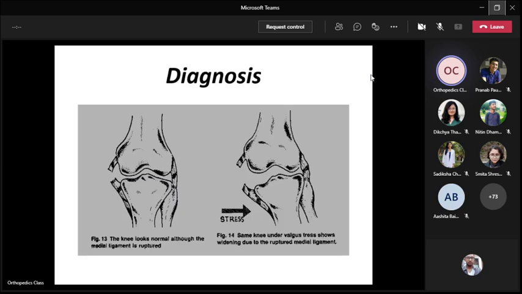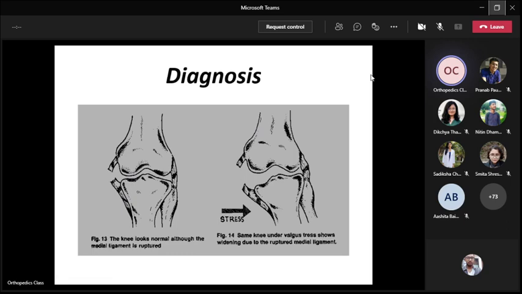In this picture, if you see, the bone is almost normal and in alignment. This is femur, this is tibia. The joint is almost congruous, maintained. So if you do the X-ray without seeing the patient, that's why you should always clinically examine the patients.